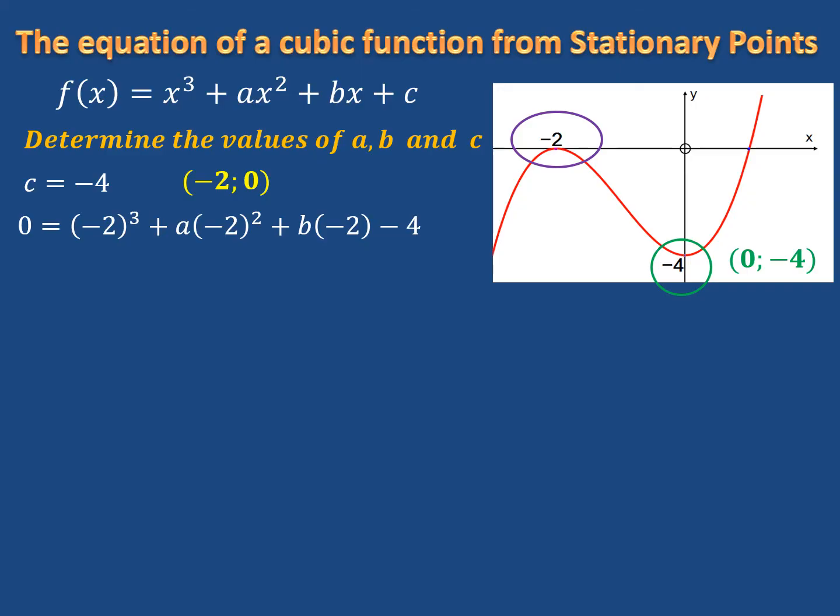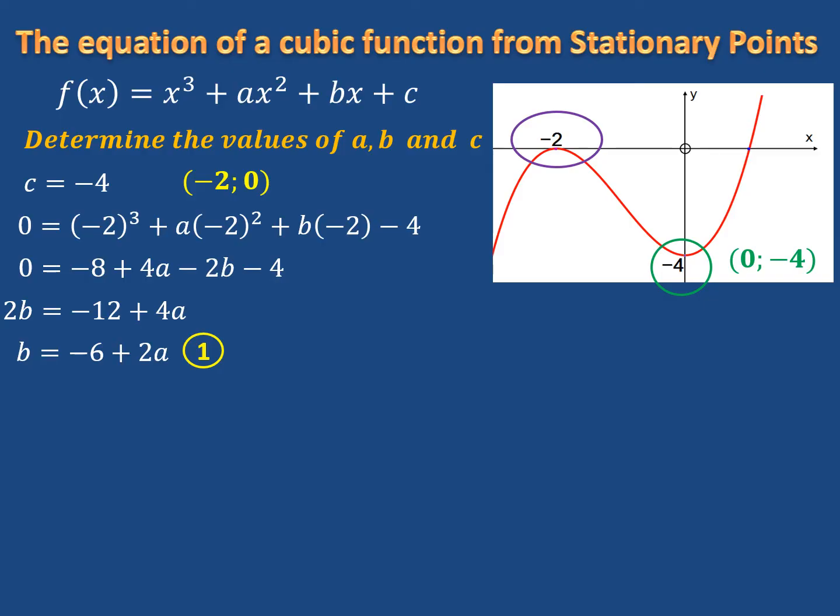And if I multiply out, we end up with 0 is equal to minus 8 plus 4a minus 2b minus 4. If I take one of the letters across to the other side, I've decided to take 2b across. We can simplify to minus 12 plus 4a, and we can divide by 2 to get b is equal to minus 6 plus 2a. So I've got one equation to work with, but I've still got two unknowns.